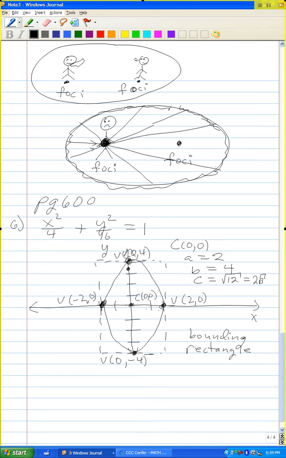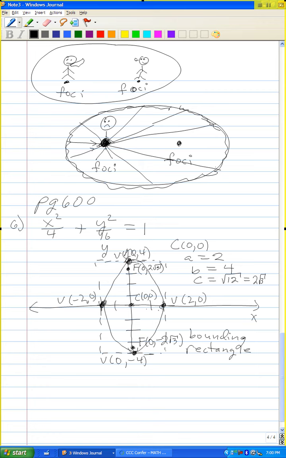Then the foci are located at 0, 2 rad 3, and at 0, negative 2 rad 3. And that is my ellipse.